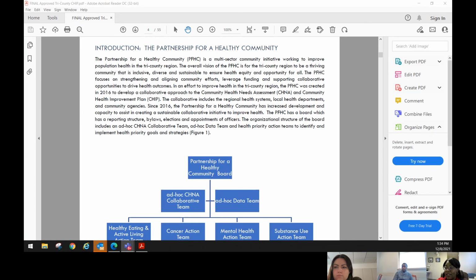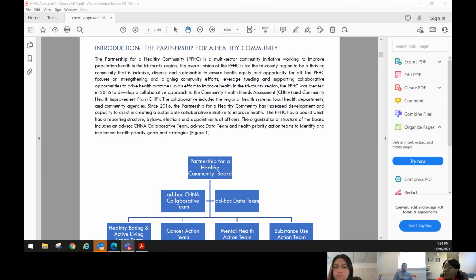So hence why the partnership is a newly formed organization. It was all a ripple effect. As a community, we're learning how to formally work together as well.